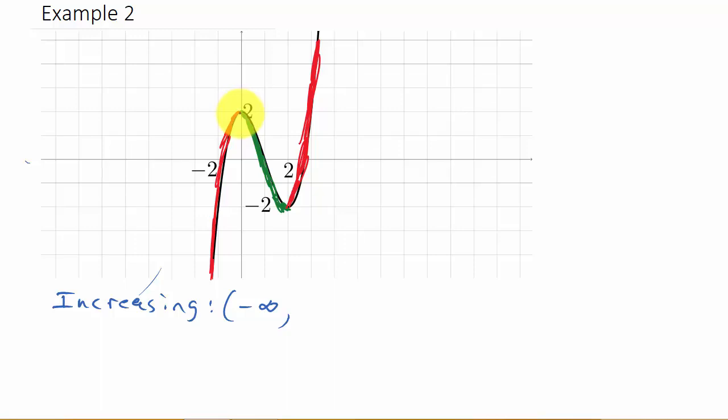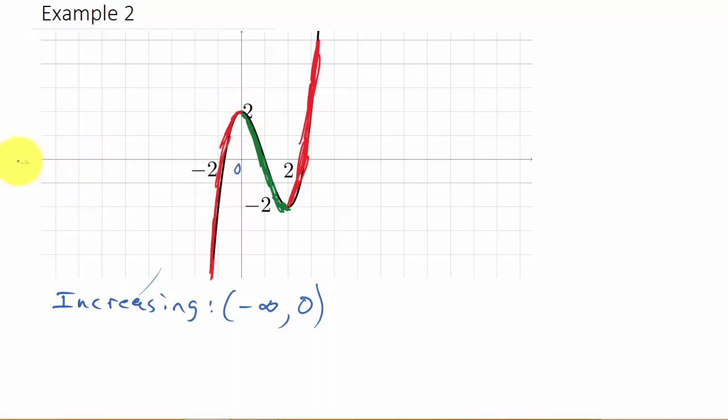Where does it stop increasing? At the x value of 0. We want to know over what range of x values it is increasing, not the y values. So if you think it's negative infinity to 2, that would be wrong because that's the y values.